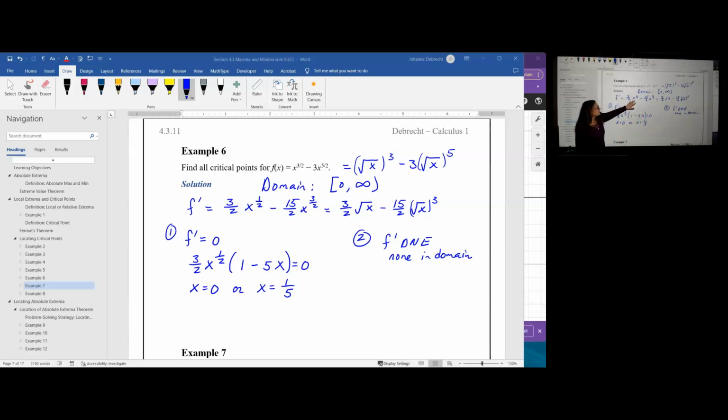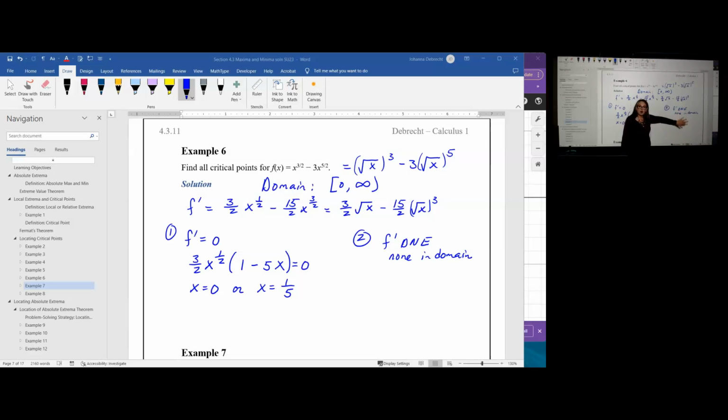I find the derivative by applying the power rule, and I also rewrote it in the square root notation as well. Notice that there is no value in the domain where the derivative is not defined.